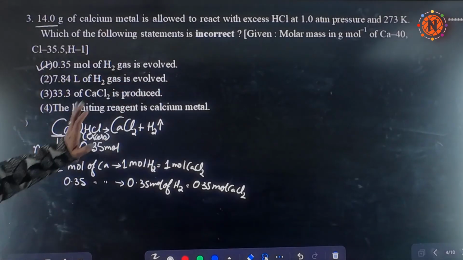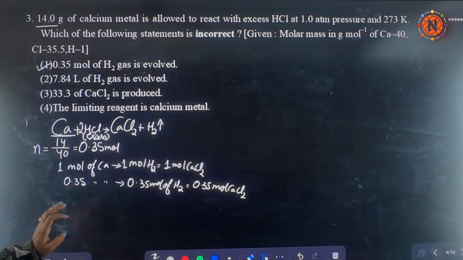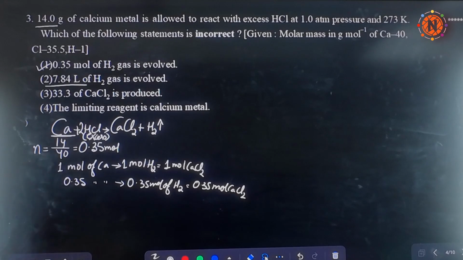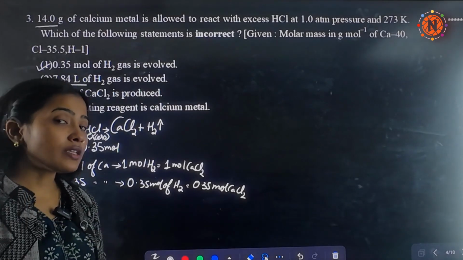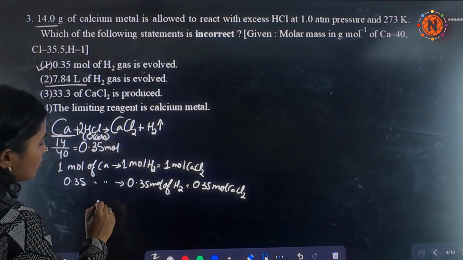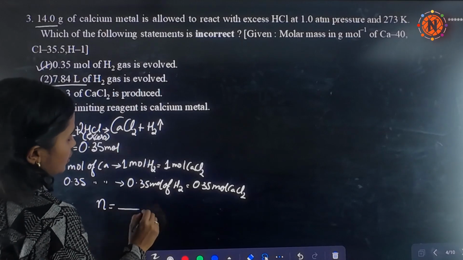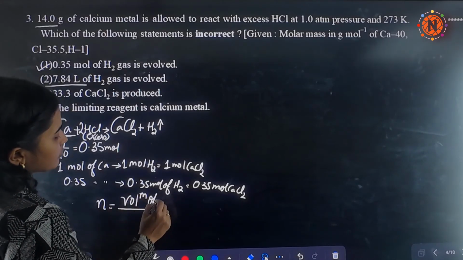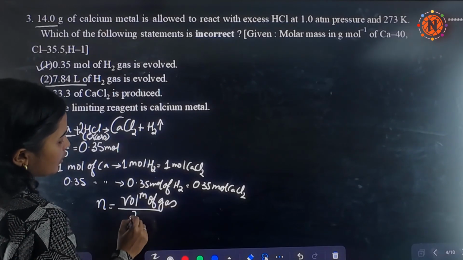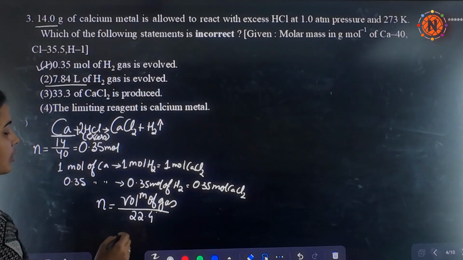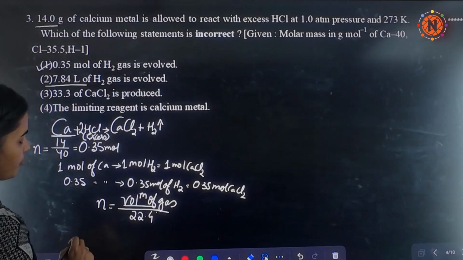This is correct. We have to find out the incorrect one. Now moving to the another statement, that 7.84 liter of hydrogen gas was evolved. Let us see whether this is correct or not. We know that at standard temperature and pressure, the number of moles equals volume of gas divided by 22.4 liter at STP. I have to find out the volume of gas evolved.